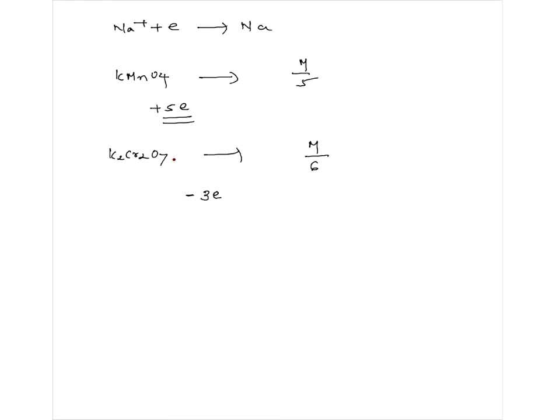So if 1 electron leaves, I'm just saying hypothetically, if 1 electron leaves per 1 chromium atom, then 2 chromium atoms, 2 electrons will leave. So likewise, you have to see total electrons that have been transferred from this 1 unit. 1 unit of it contains 2 units of chromium, 2 units of potassium, 7 units of oxygen, all atoms.